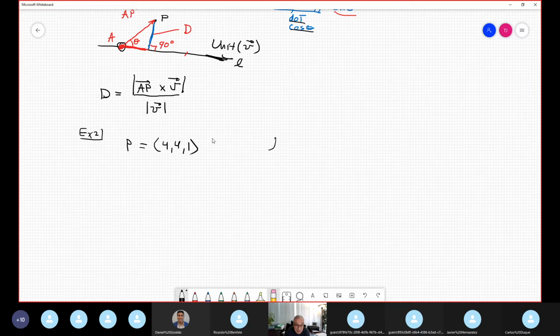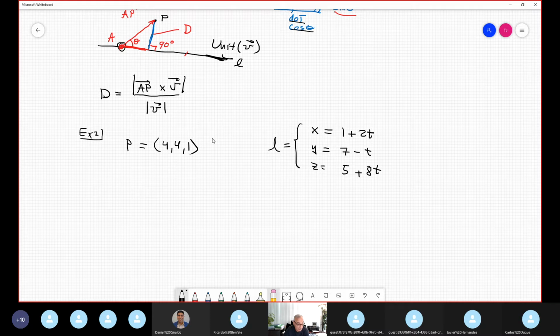And one line is given in parametric form: x is equal to 1 plus 2t, y is equal to 7 minus t, and z is equal to 5 plus 8t. Okay, this is the information that's given: a point, one arbitrary point in 3D, and one line in 3D. I need to find the shortest distance between this point and the line.